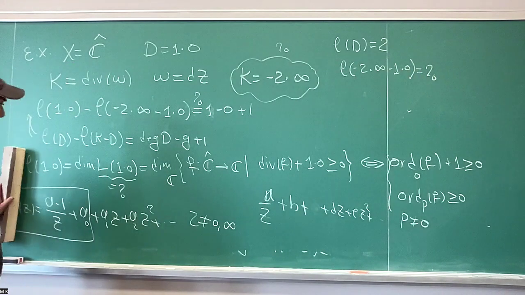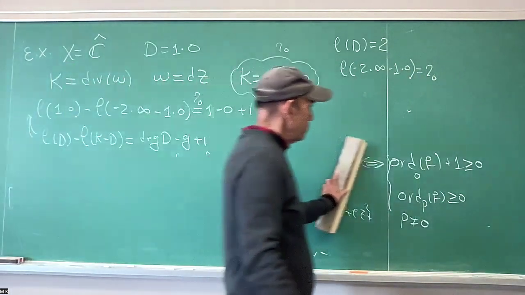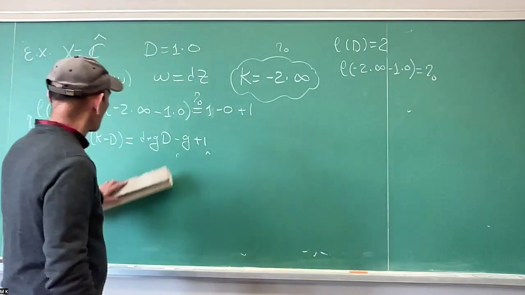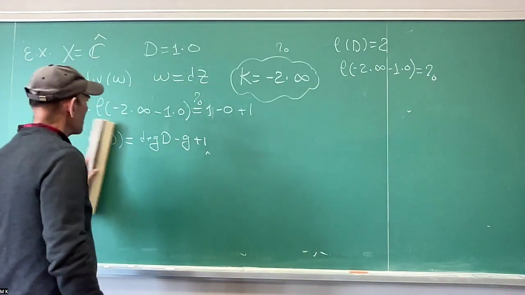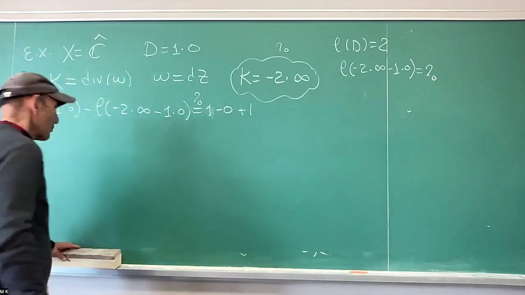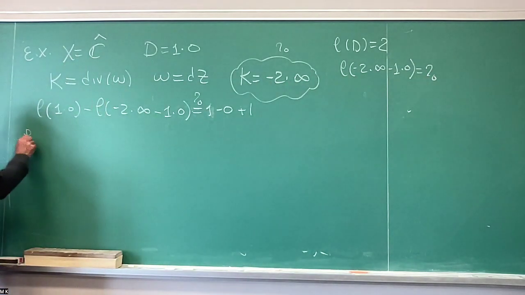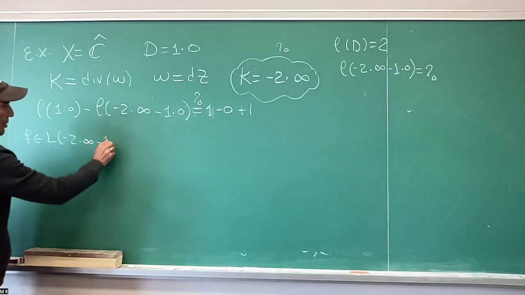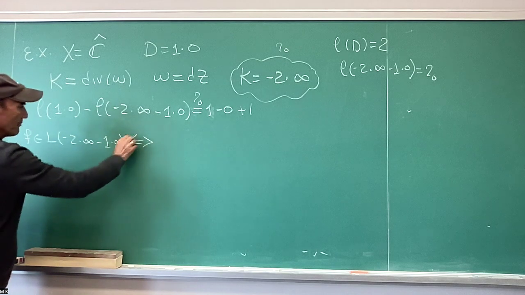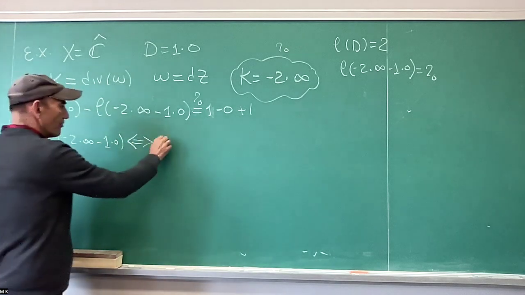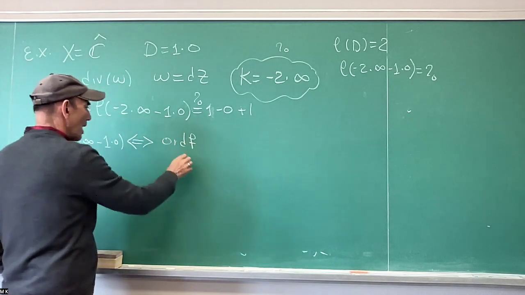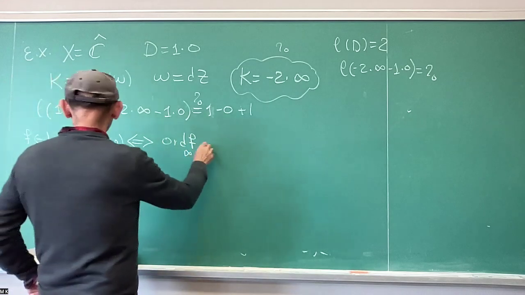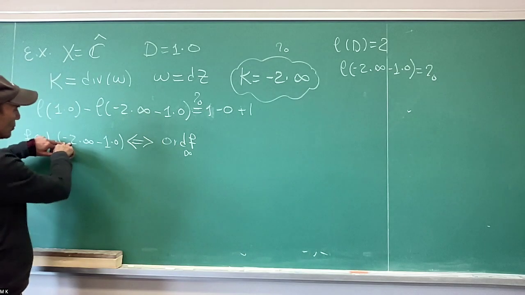So let me now erase this. So F belongs to L of -2 times infinity, -1 times 0, if and only if the order of F at infinity, and then I've got -2, so it goes to the other side.